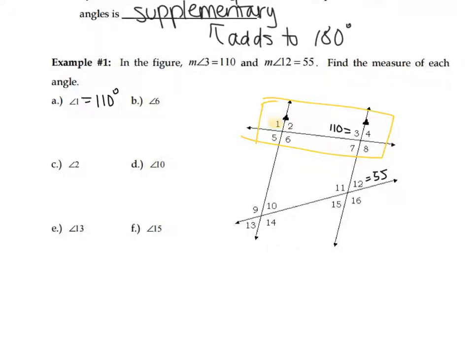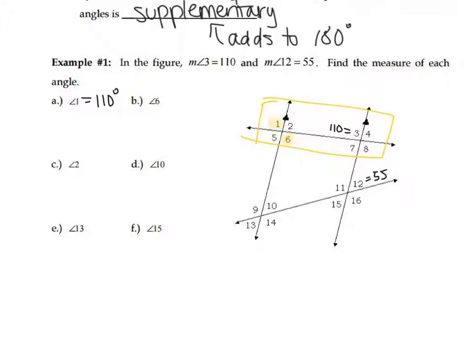Next, let's take a look at angle 6. So angle 6 is an interior angle, so that means we're going to use corresponding angles, alternate interior angles, or consecutive interior angles. Well, in order to use consecutive interior angles, I'd have to know the measure of angle 7, which I don't, so we're not going to use that.